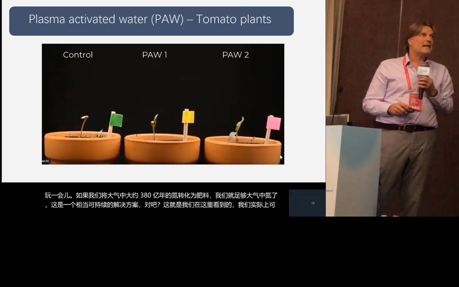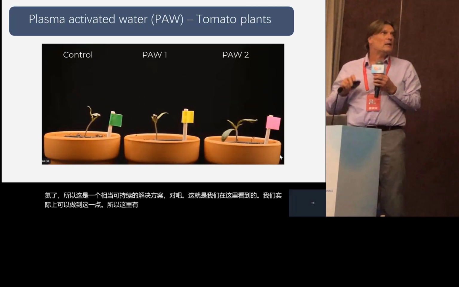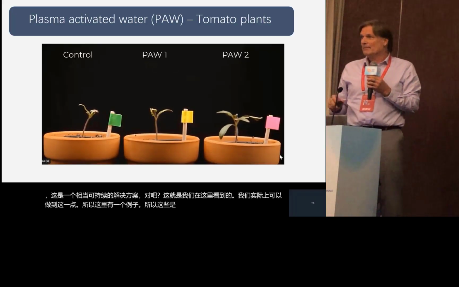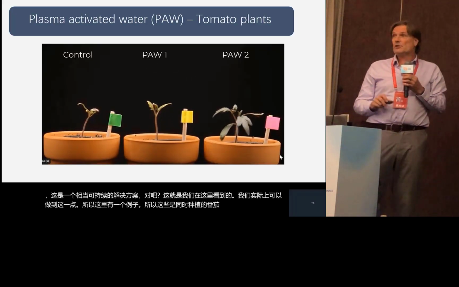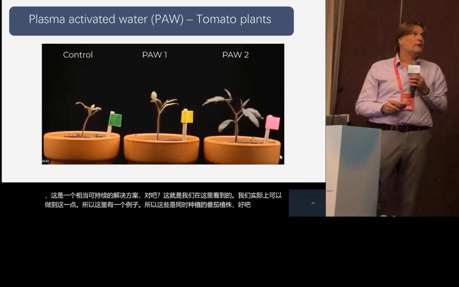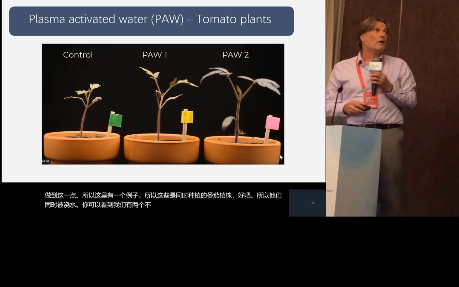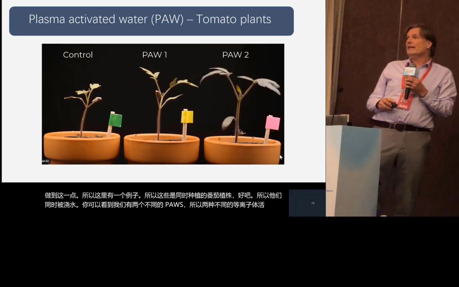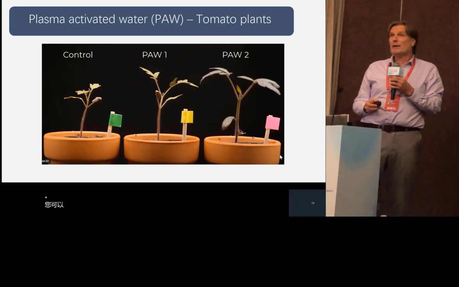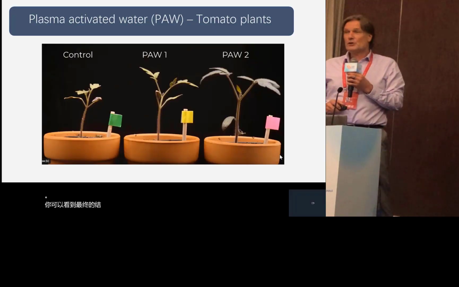So here's an example. These are tomato plants that were grown at the same time, okay? And so they were watered at the same time, and you can see we have two different PAWs, so two different plasma activated waters that were applied. You can see that the end result is a much bigger plant to the right than it is to the left.